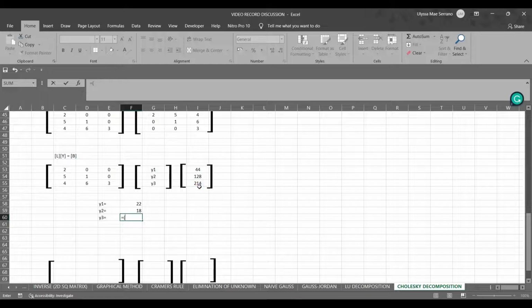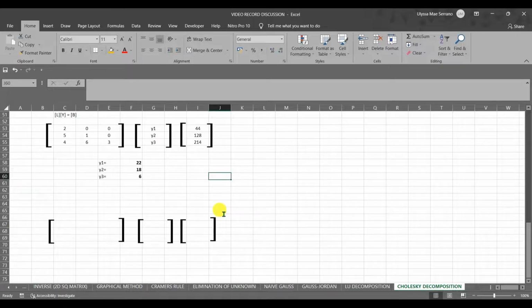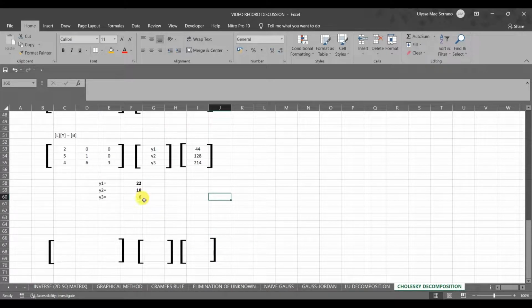For y3, this is simply 214 minus the coefficient multiplied by y1, minus again the coefficient multiplied by y2, and divided by 3. And you will be able to find the value of y sub 1, y sub 2, and y sub 3. This will be used when finding the value of x.